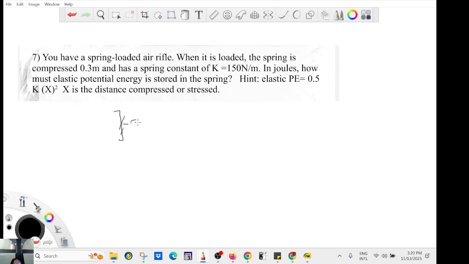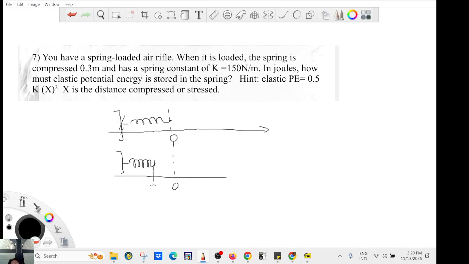So you have a spring here, it's happy, minding its own business, not asking anything of anyone. And then you come and you make it very unhappy because you're going to compress it and it doesn't like to be compressed. It gets very, very upset.